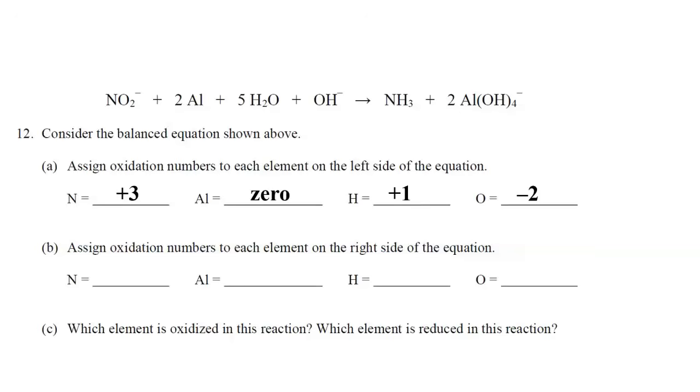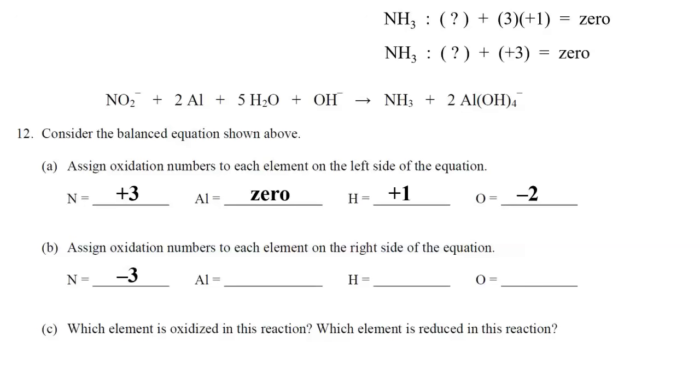So NH3, that's ammonia, that's a molecule. The sum of the oxidation numbers would equal 0 in that compound. Each hydrogen is worth +1, and we have 3 of them. So that makes the nitrogen -3 in the NH3 compound, ammonia.